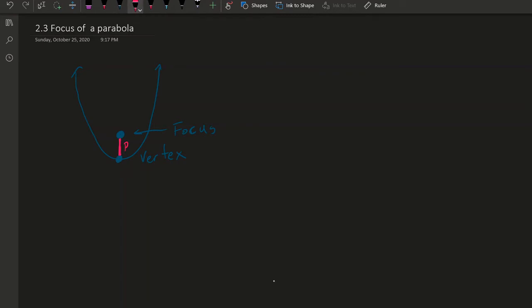Now, if we take that p-value and continue it through right here, we will get another line that goes through at 90 degrees. And this line right here is called the directrix.